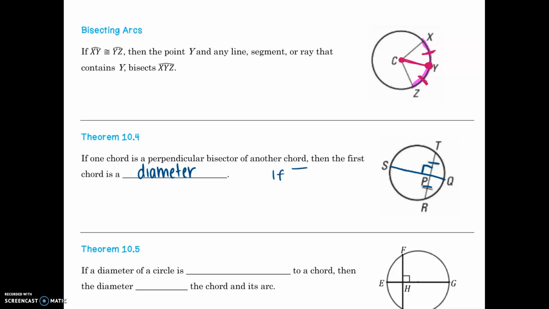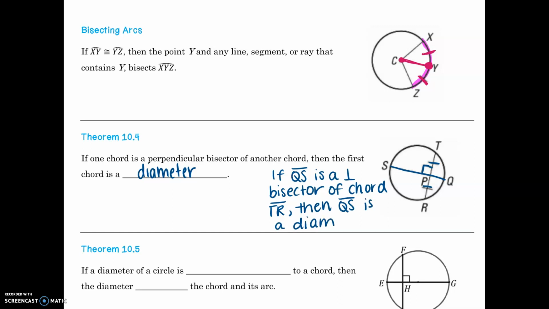So if segment QS is a perpendicular bisector of chord TR, then QS is a diameter.